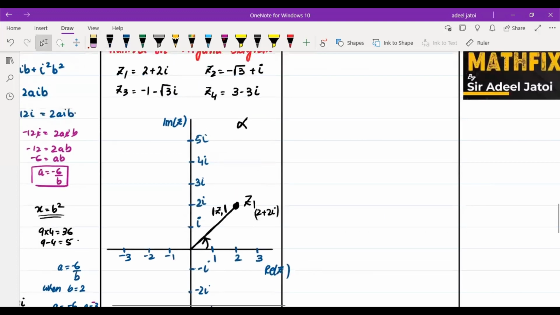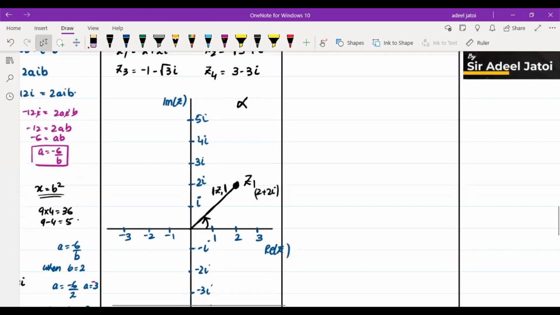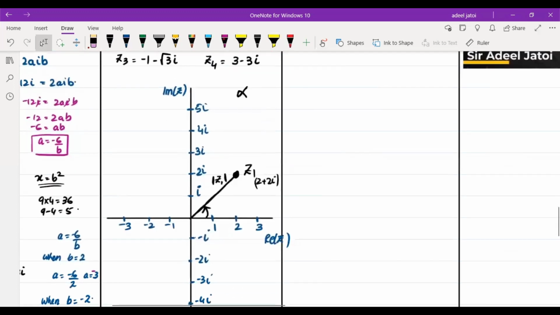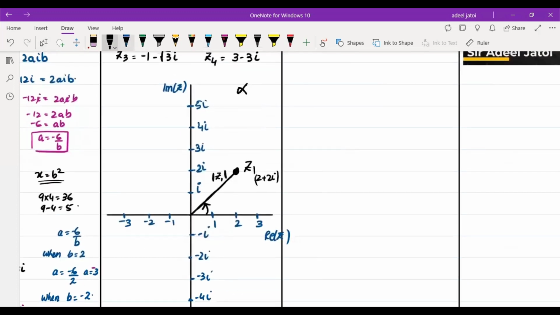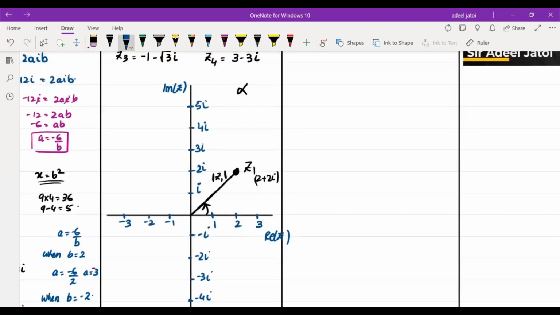Let's just work upon Z2, negative under root 3 plus iota. Now, negative under root 3 is somewhere less than negative 2, and the other value is plus iota. So this value will be here. So let's just draw it up for Z2.